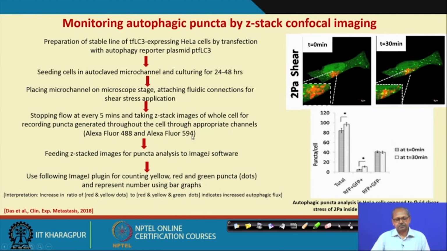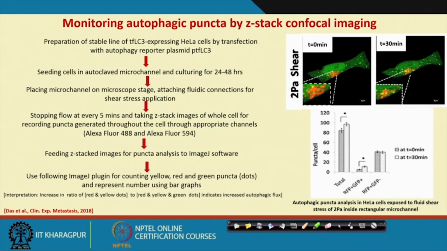Then we capture all the puncta, where you can see green, yellow, and red puncta. Then we capture the images and process them.